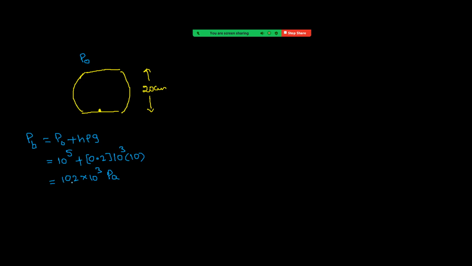Right, this is now the pressure at this surface. So force on the base by liquid is equal to pressure at the bottom into area. What is the pressure? Pressure is 102 into 10 power 3.